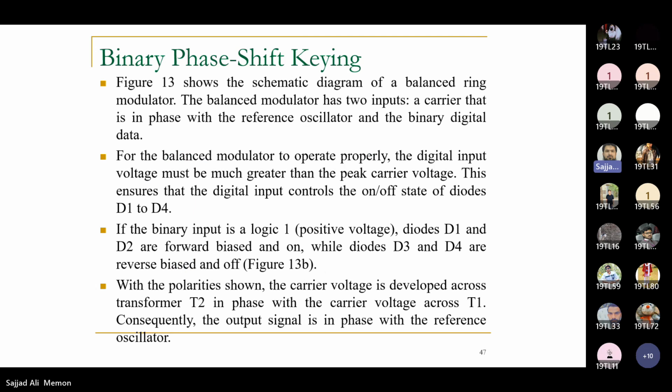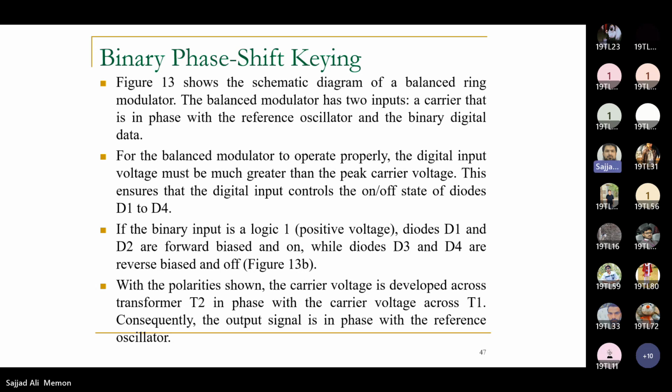The balanced ring modulator has two inputs, a carrier that is in phase with the reference oscillator and binary digital data. For the balanced modulator to operate properly, the digital input voltage must be much greater than the peak carrier voltage. This ensures that the digital input controls the on-off state of the diodes D1 to D4.